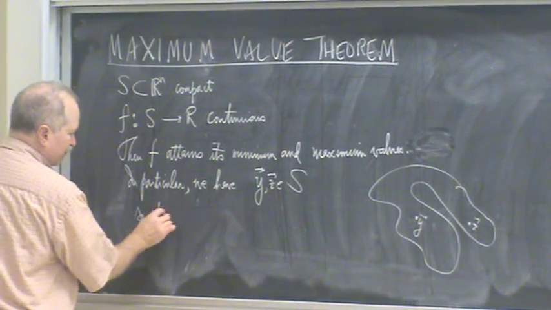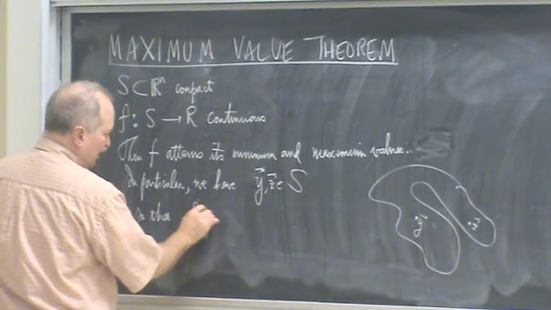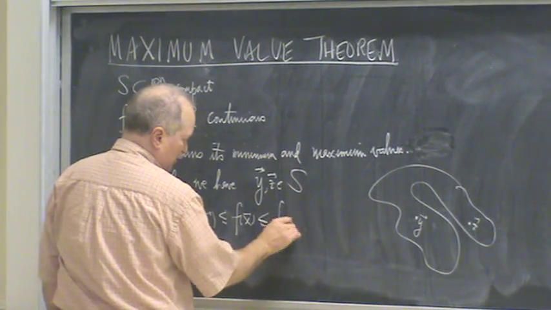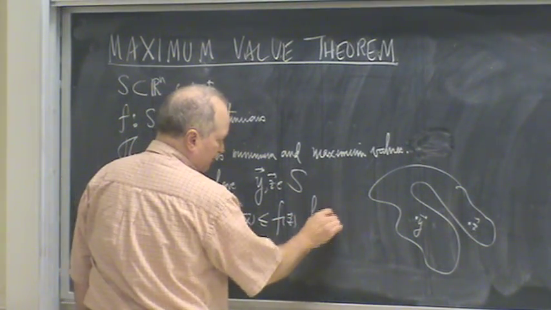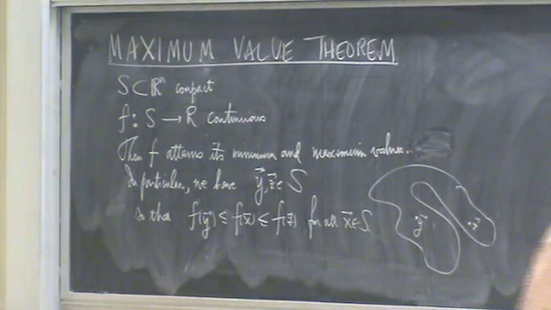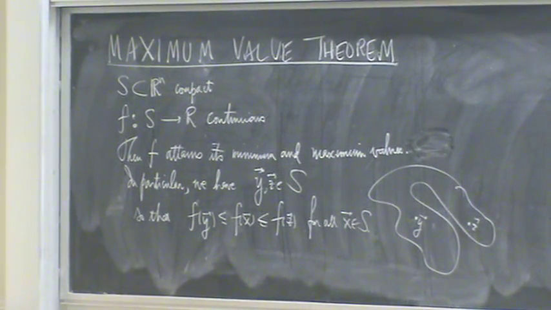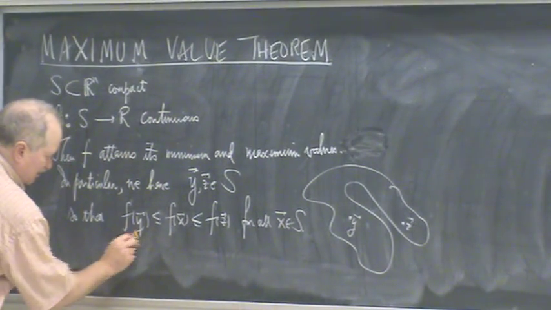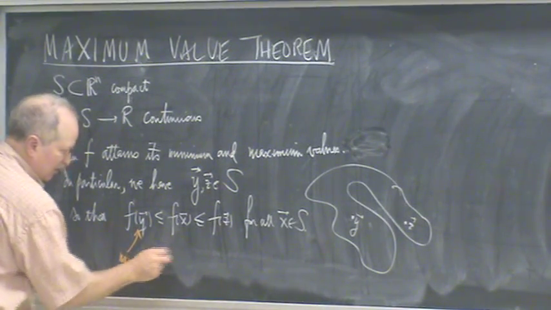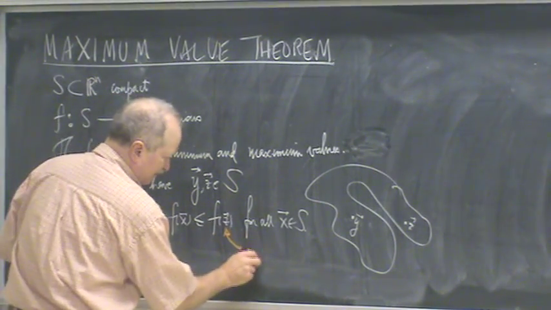So that f of y is less than or equal to f of x is less than or equal to f of z for all x. And not surprisingly then, this is the minimum value. This is the maximum value.